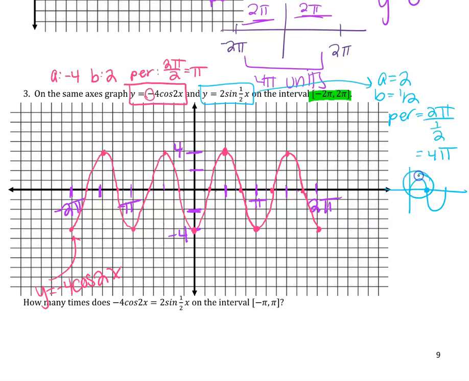So you start on the midline right there, and halfway in between, you're at a max of 2, because 4 pi would be way over here. And there you go. So that's all you're going to see from 0 to 2 pi.